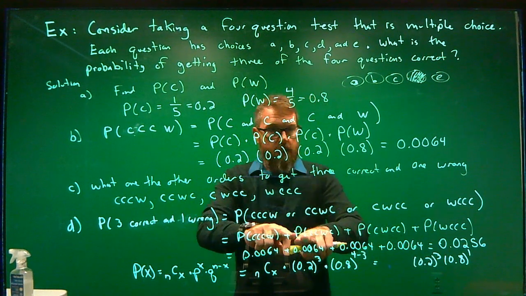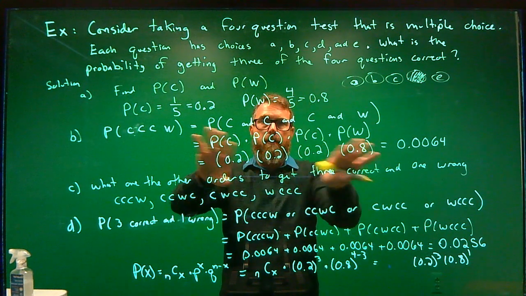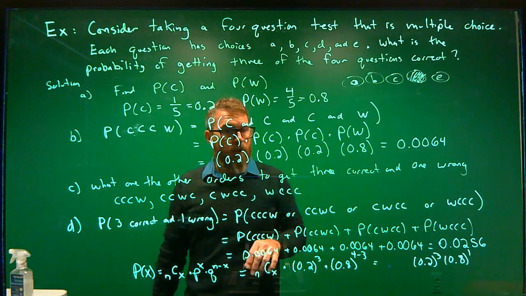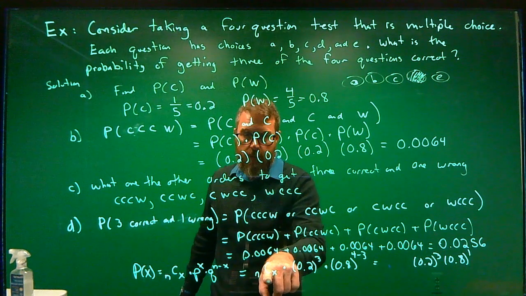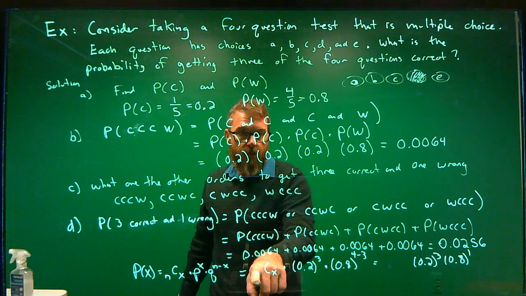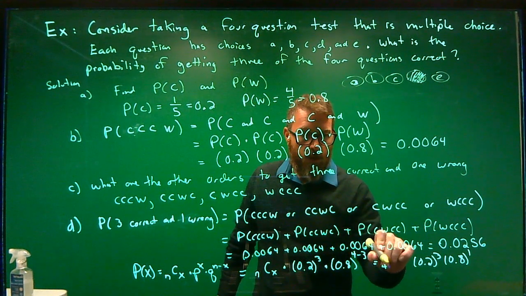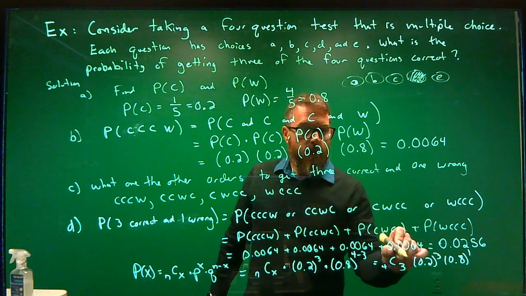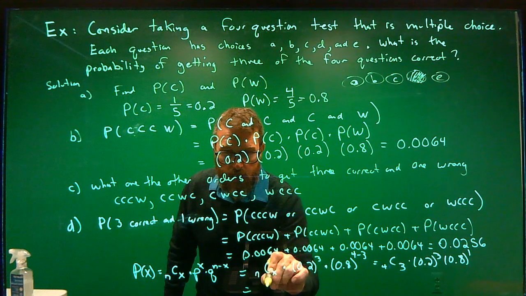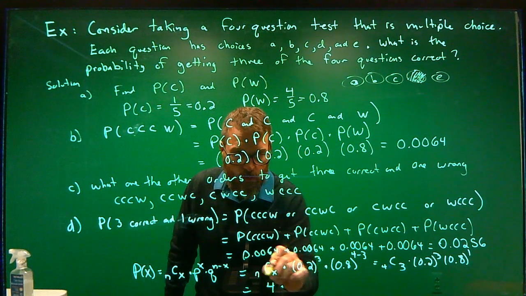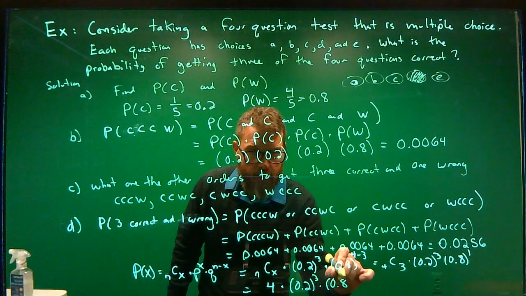Now, what I do know is that there were 4 of them in total. Since the probability doesn't depend on order, I really just need to know how many of these things are going to give me the same probability. So it's going to be the combination of 4 choose 3. And when we calculate 4 choose 3, what I'm actually going to get is 4 times 0.2 cubed times 0.8 to the 1.